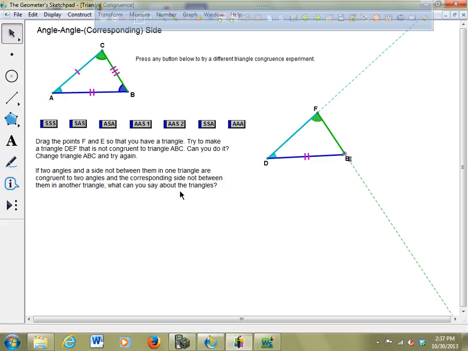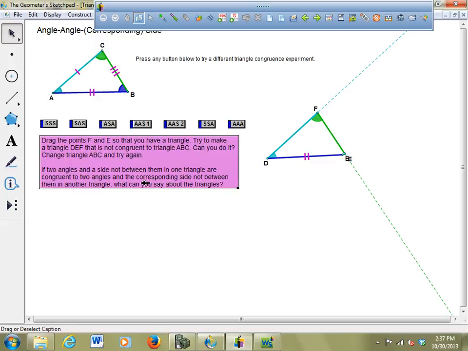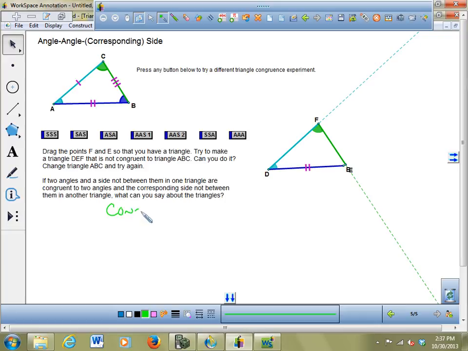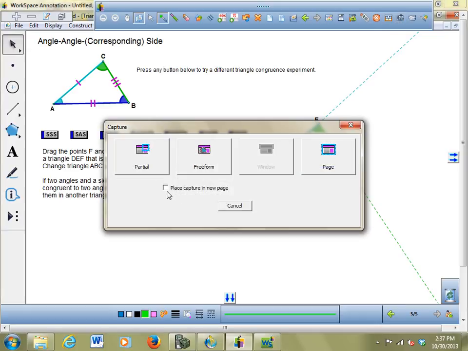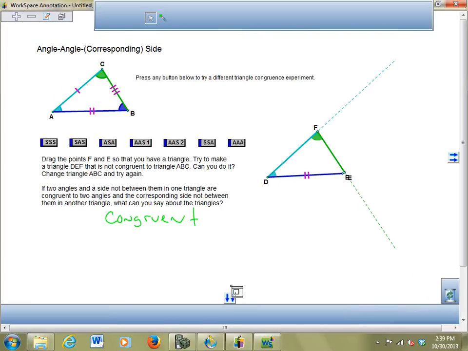If two angles and a side not between them in one triangle are congruent to two angles and the corresponding side in another, what can you say about the triangles? They're congruent. I'm going to take a picture of this so that people can see it in my notes.